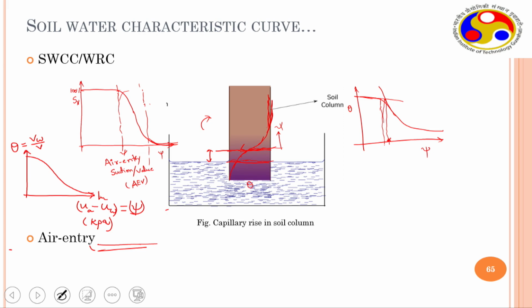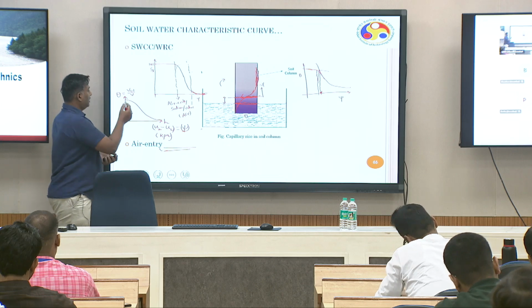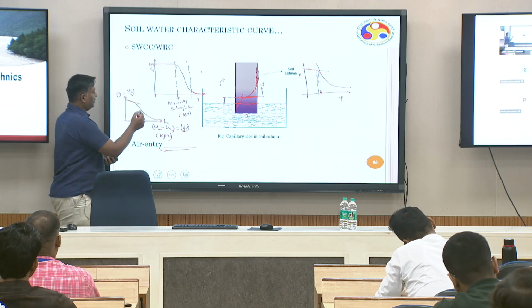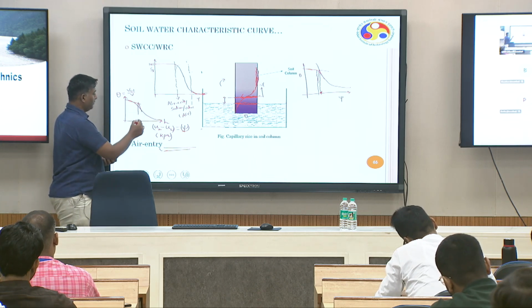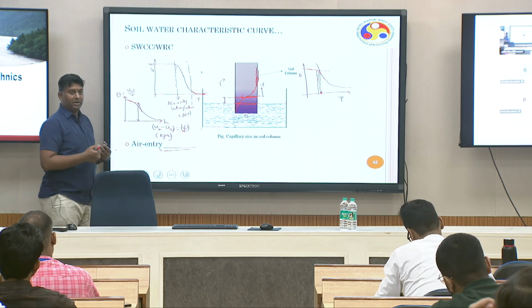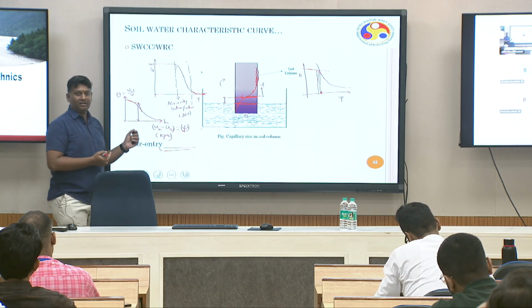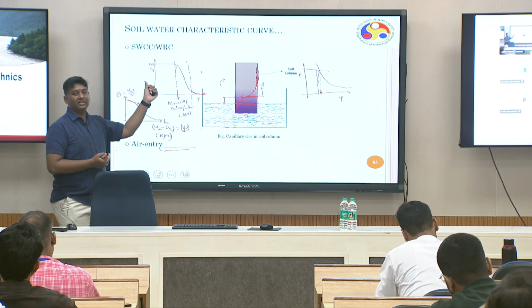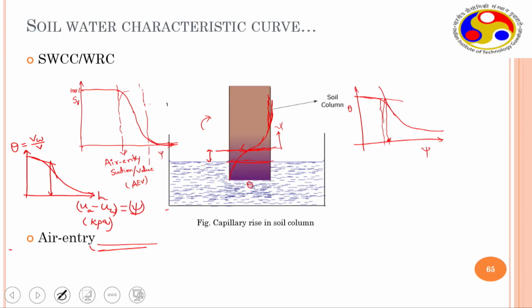So theoretically I'm just plotting, but you may have a number of data points when you do an experiment and measure it, right? So often it is thought that this is the air entry value, but for a better understanding of the air entry value, you should represent in terms of degree of saturation. So there is a relation between theta and degree of saturation. We can convert because anyways the density is known. In fact, there was a question yesterday also.